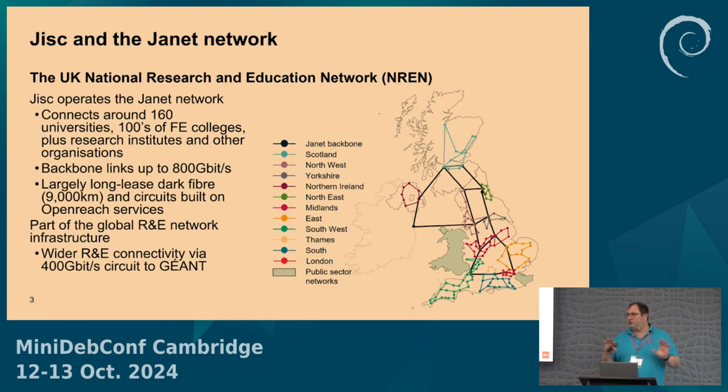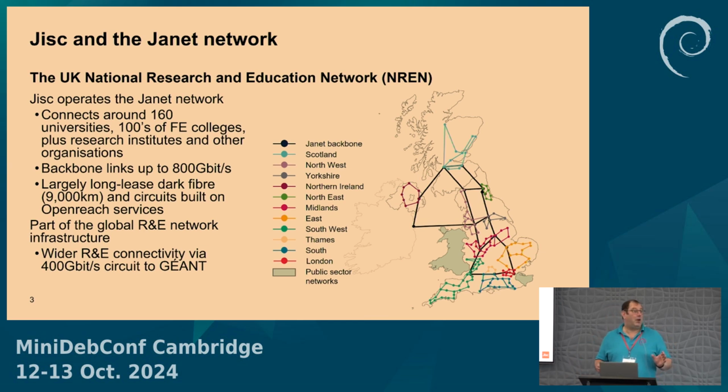So JISC runs the JANET network. Now, I guess those of you who've been to university in the UK know about the JANET network, but we cover not only universities, we cover FE colleges and research institutes and schools even. The backbone's 800 gig in places, will be upgraded to a terabit, and that's made of 100 gig links predominantly.